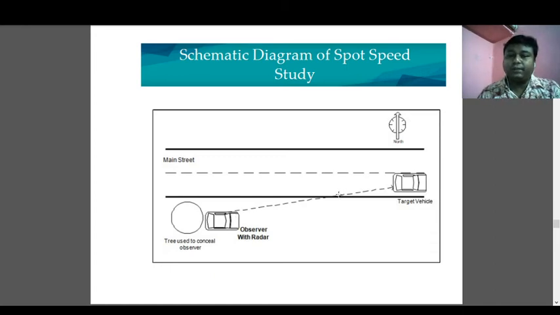So we directly put the laser on the front portion, the number plate, and we press the button. It passes the signal, reflects it, and again by the reflection method. This is a simple reflection method you have studied in your 12 plus 2 physics. So by the simple reflection method they calculate the speed of that particular vehicle.